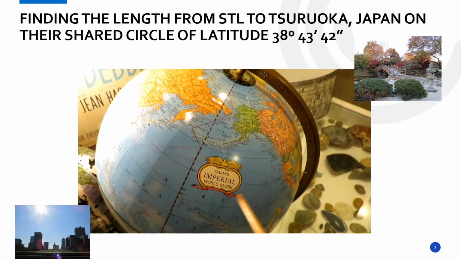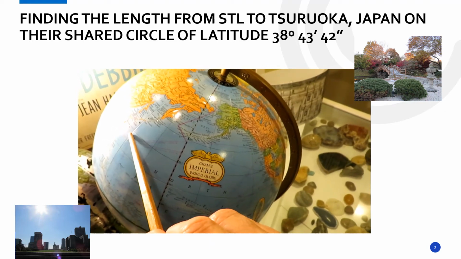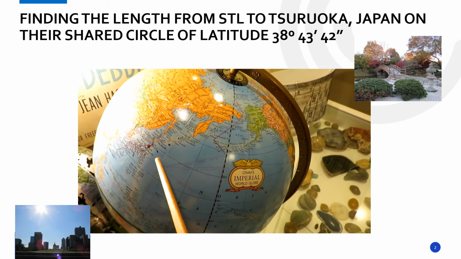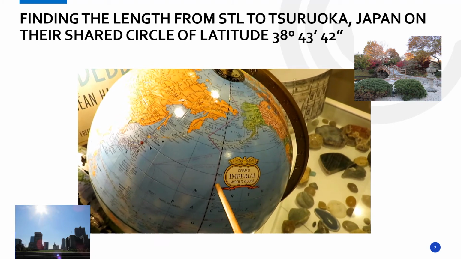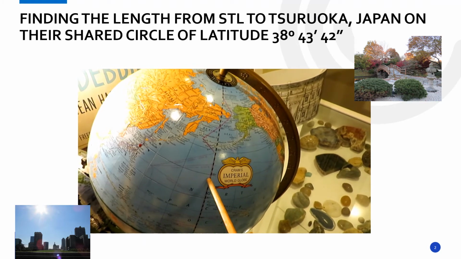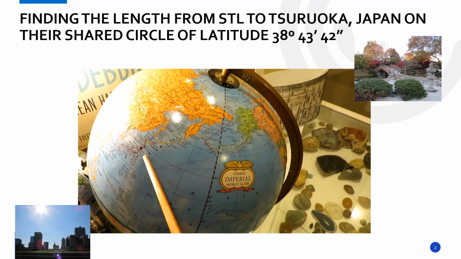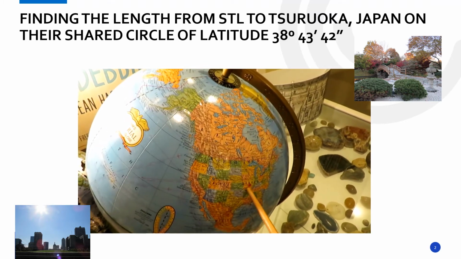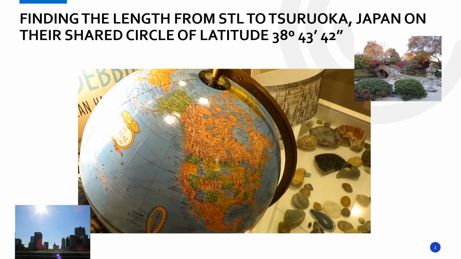It's actually smaller. And that's because that location in Japan is so far east. It's so far east, it's almost to the international date line, which is the other half of that prime meridian longitude circle. But let's first find the radius of their shared circle of latitude.